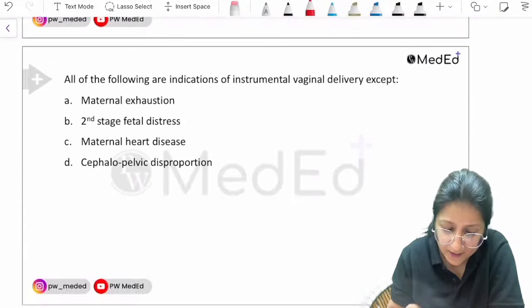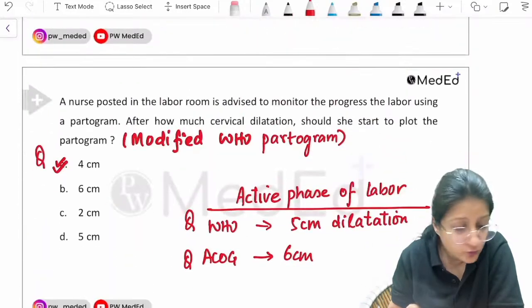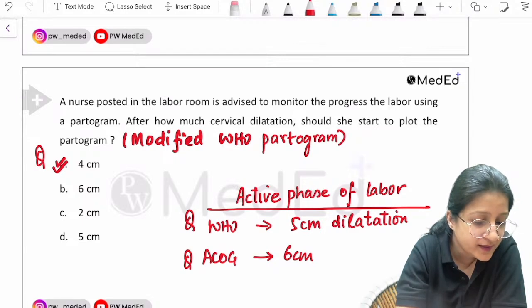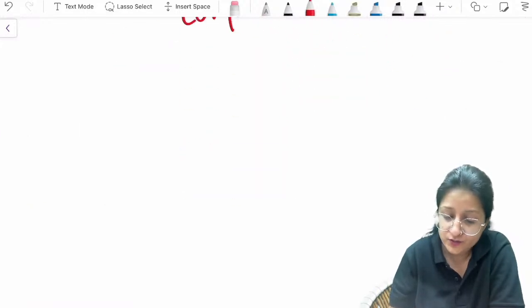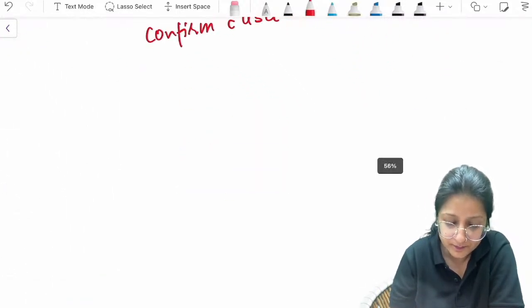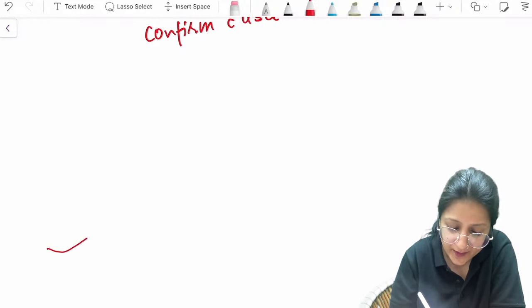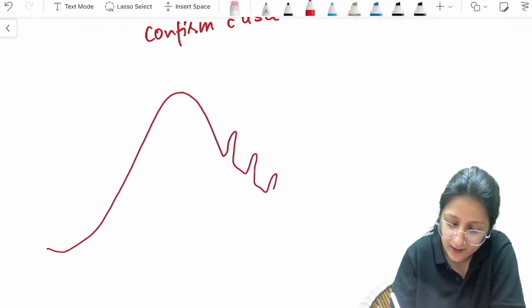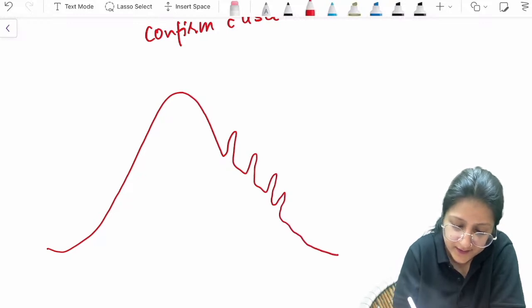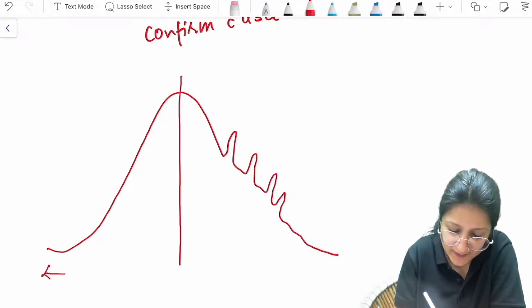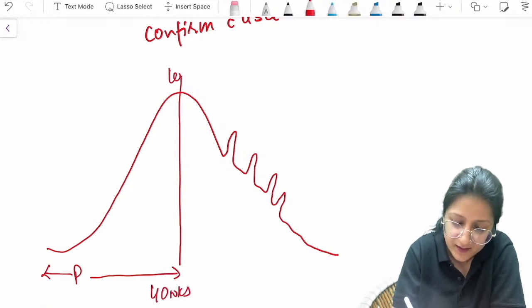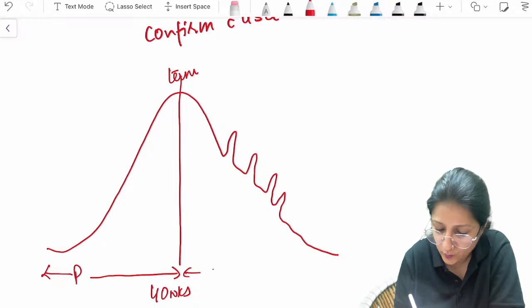Okay. Now, before I move on to the next question, I'll take up the doubt that S had asked. Prolactin levels, why maximum in pregnancy and not after delivery? See, these are the prolactin levels which continue to rise after delivery, right? So let's say this is the pregnancy period, this is she's 40 weeks, term, and here she is postpartum.